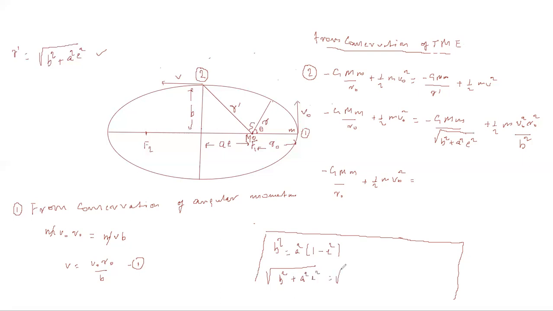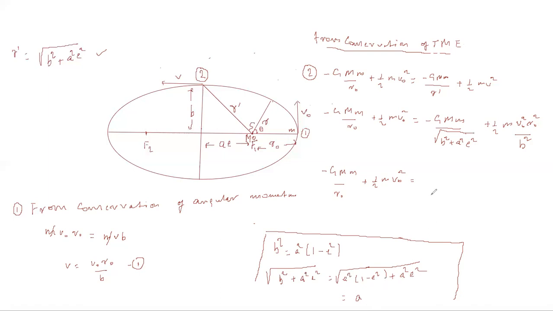This will be equal to under root of b square, substituted as a square into 1 minus e square, plus a square e square. It's all under the square root. So a will come out of the square root sign, and inside we are left with 1 minus e square plus e square. So that just cancels and just 1 is left. So under root of 1 is 1. So this full thing is equal to a.